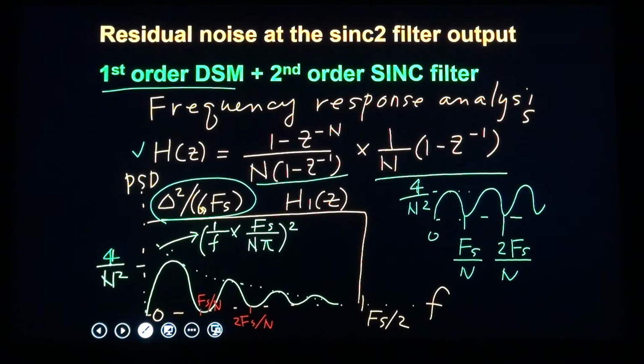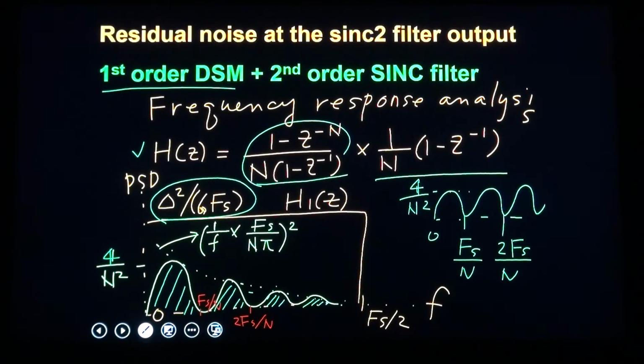Then I have this part. The sinc 1 filter is like that. This is the asymptotic line, the envelope line, 1 over n squared. We want to try to calculate the area approximately, because the output noise power is proportional to this area, right?